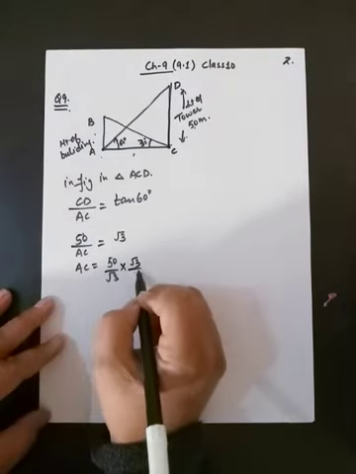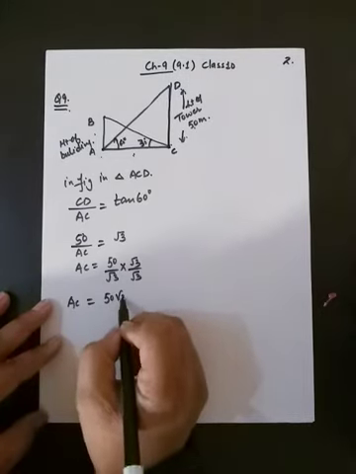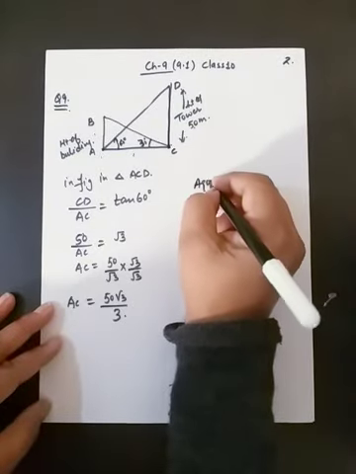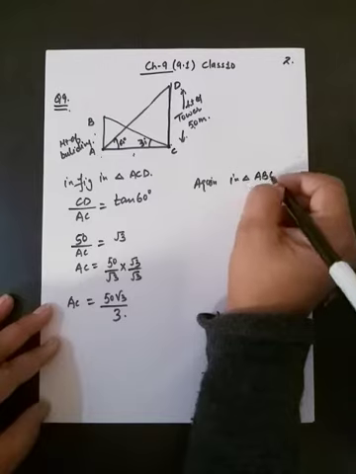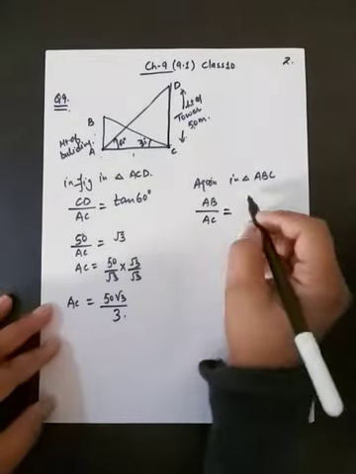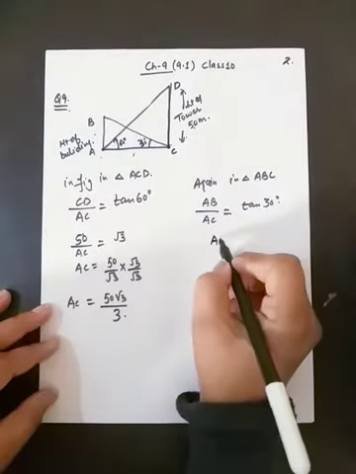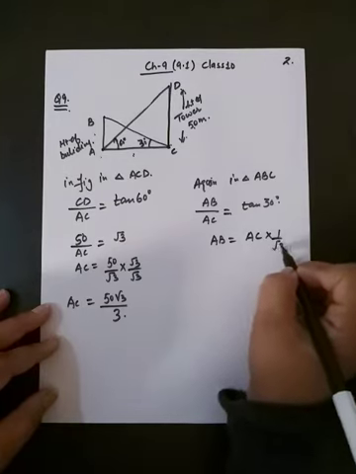On rationalizing, we get AC is equal to 50 root 3 by 3. Again, in triangle ABC, AB by AC is equal to tangent 30 degree, and AB is equal to AC into 1 by root 3.